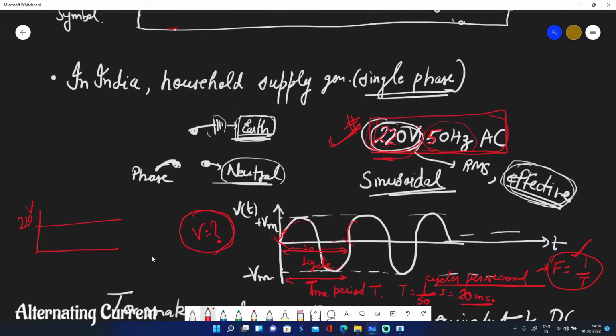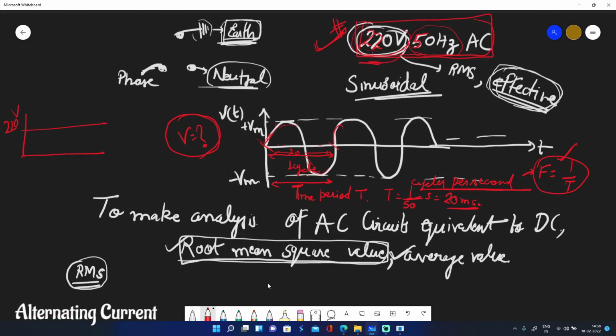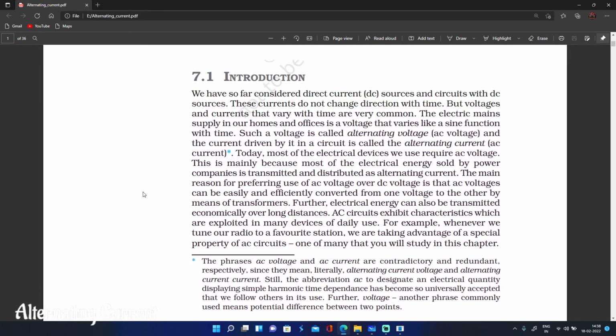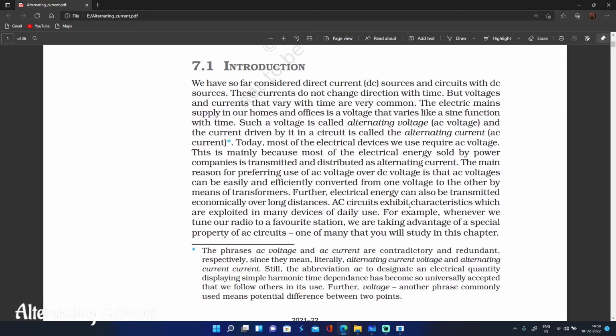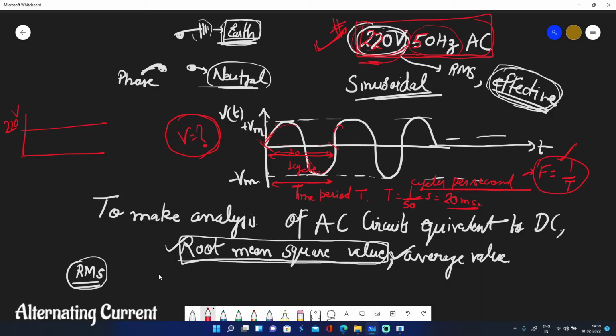If I see the text, the same thing has been explained here. Whenever we tune our radio to a favorite station, ultimately, at the end of alternating current, second last topic, we will learn a condition known as resonance.